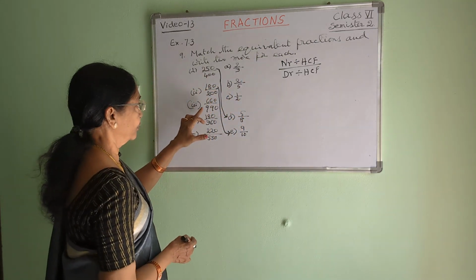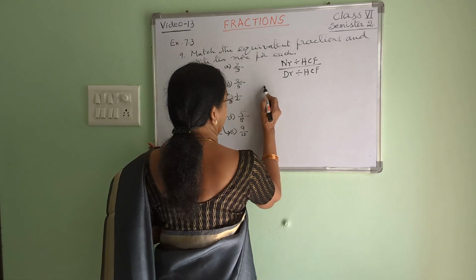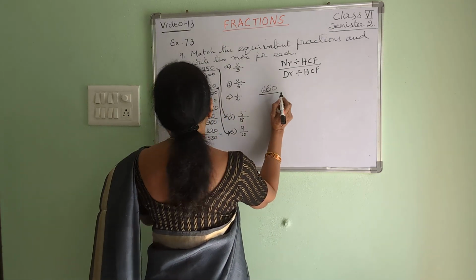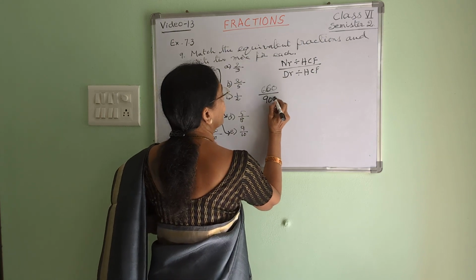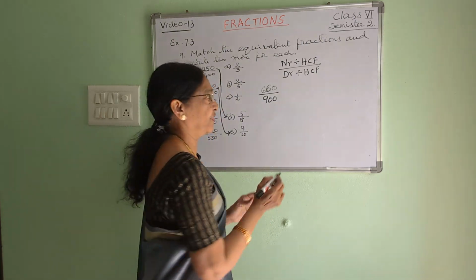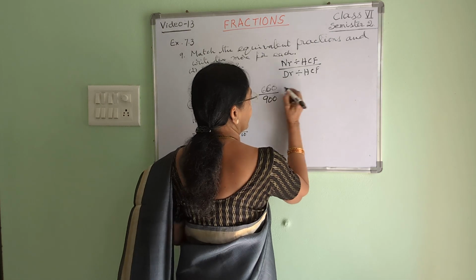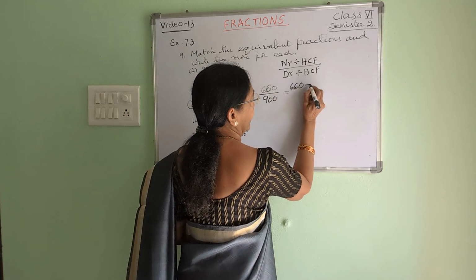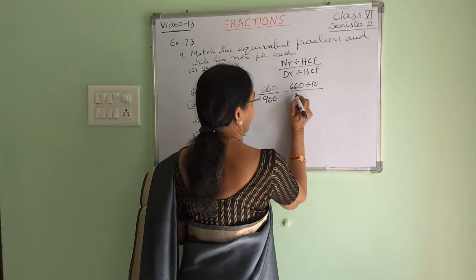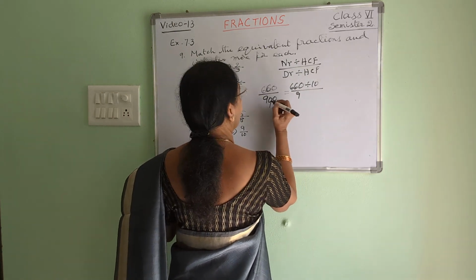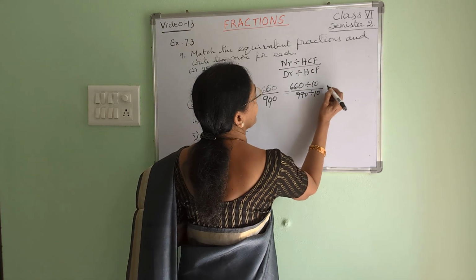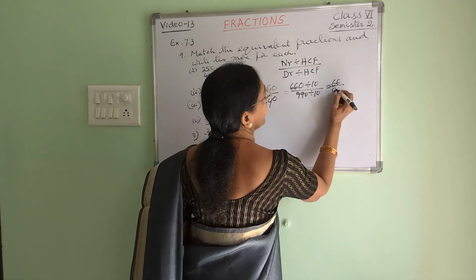Okay. Now we will see 660 divided by 990. This we can easily simplify like this. 660 divided by 10 over 990 divided by 10 is equal to 66 by 99.